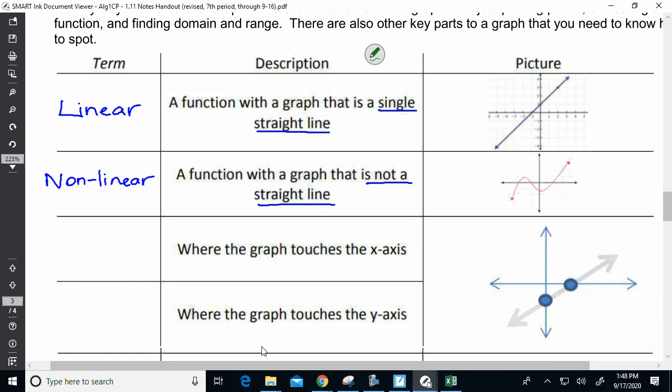Where the graph touches the x-axis. So notice that there is a point that touches the x-axis. Here's your x-axis. There's a point on it. There's a point that touches it. That is called the x-intercept.